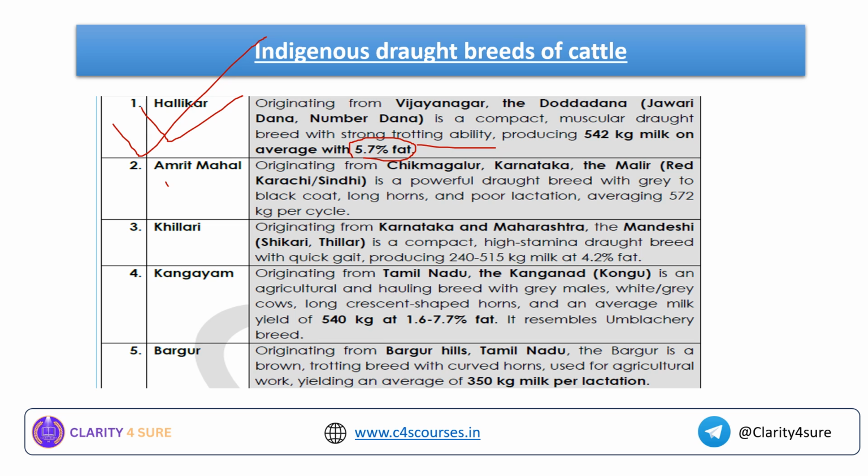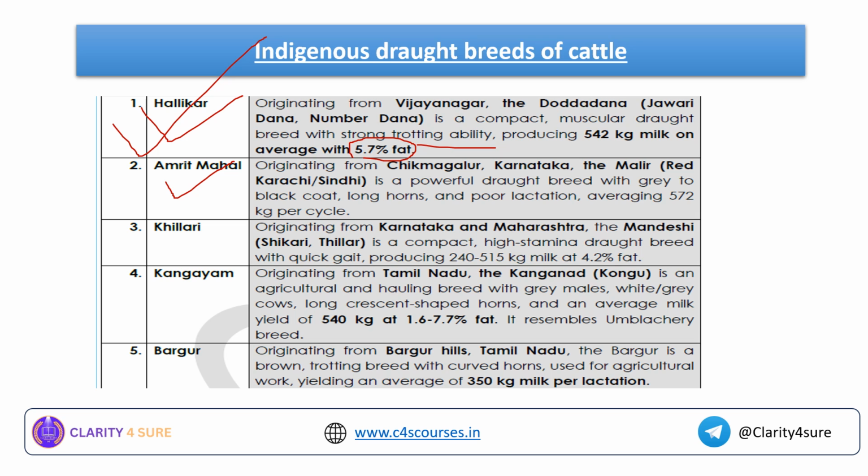Next comes your Amrit Mahal. This was developed through selective breeding by the Mysore rulers of those times, from the area of Chikmagalur, Karnataka. It is a powerful draught breed because it has been selectively bred to the existing climate and existing agricultural systems, so that this Amrit Mahal will have a powerful trotting ability.